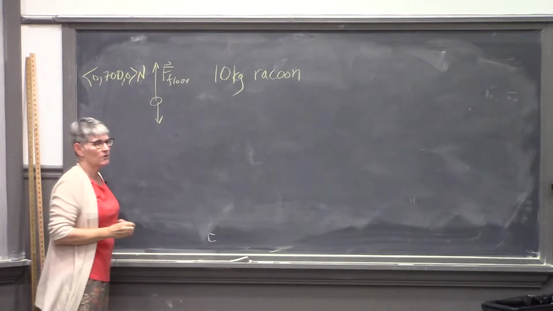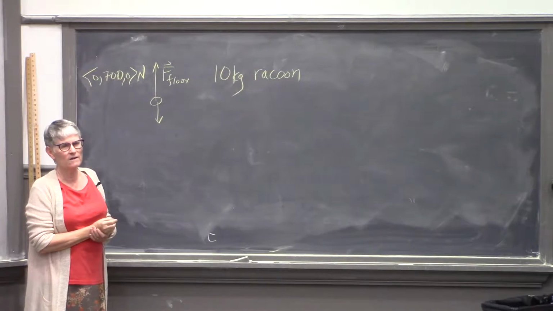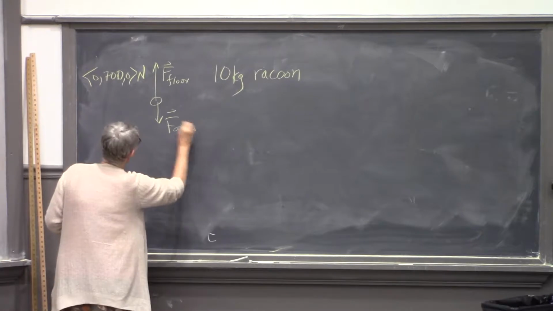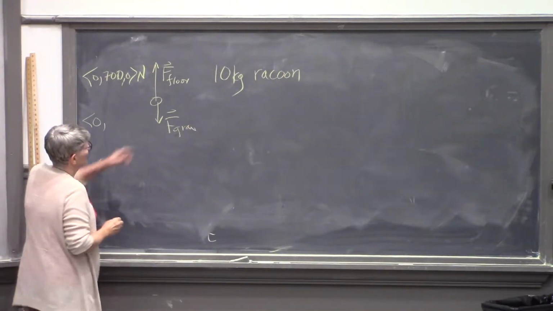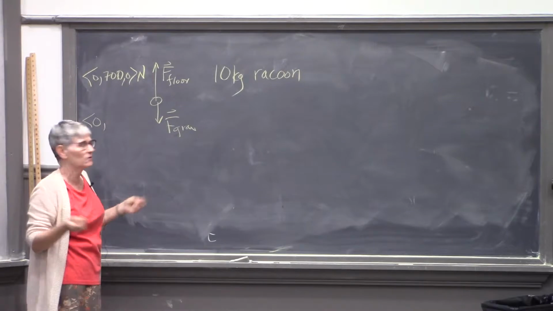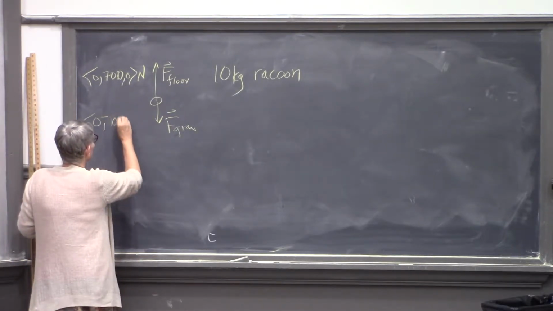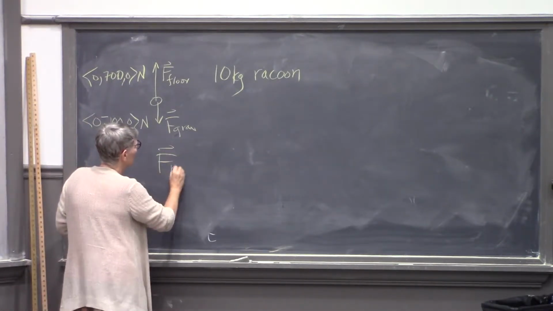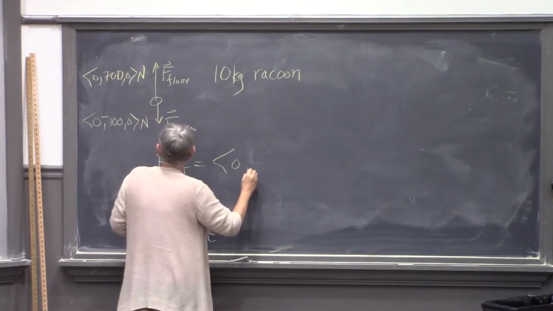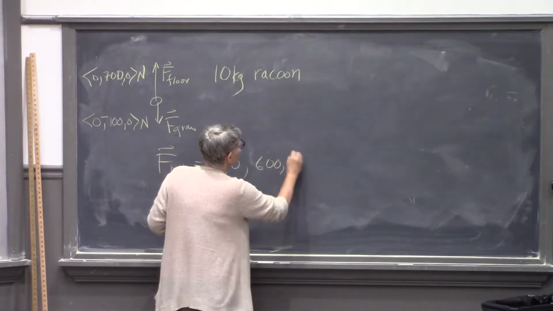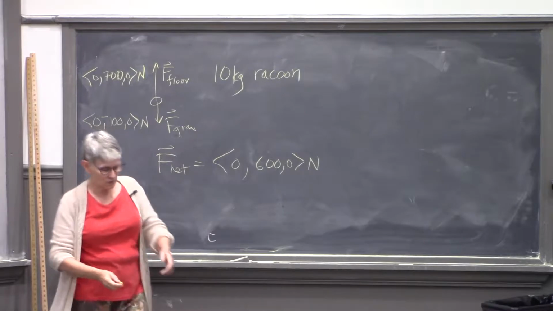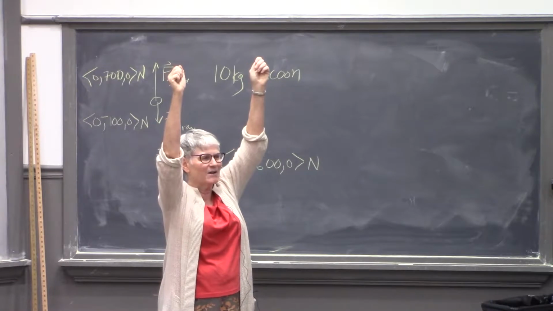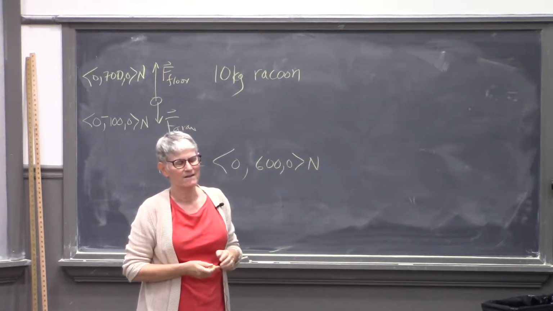We have the earth pulling down on the raccoon with a force of 10 kilograms times 10 newtons per kilogram, which is only 100 newtons. So F net looks like 600 newtons on the raccoon. And so in the next second, the raccoon accelerates rapidly up into the air. That makes sense.